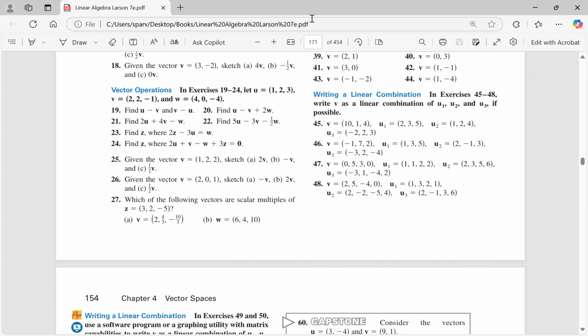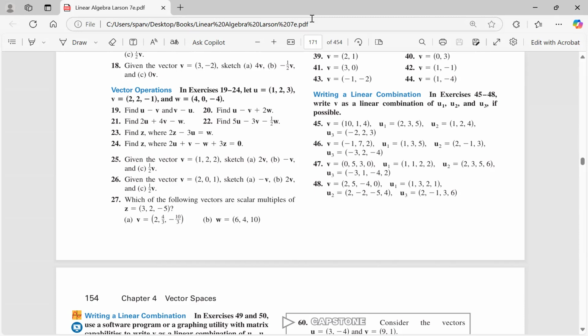Vector U1 is 1, 3, 2, 1. Vector U2, the second vector, is 2, -2, -5, 4. And finally, U3 is 2, -1, 3, 6.